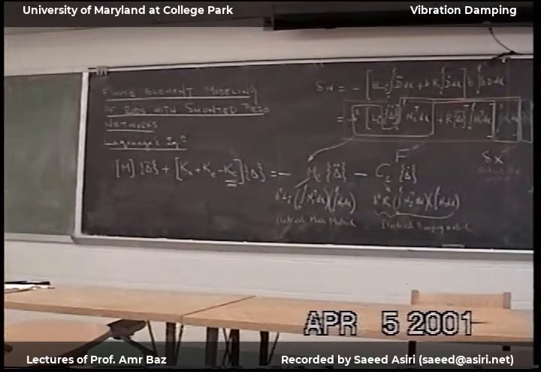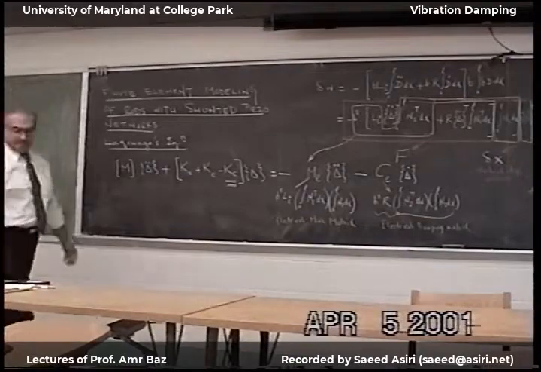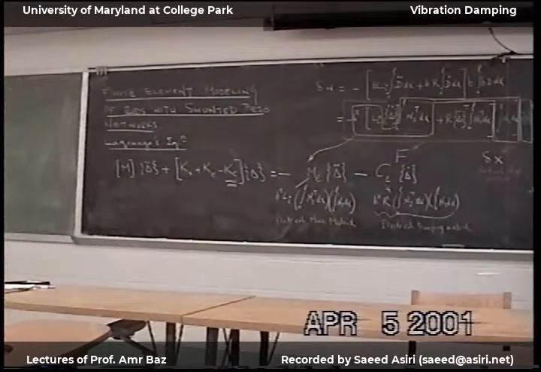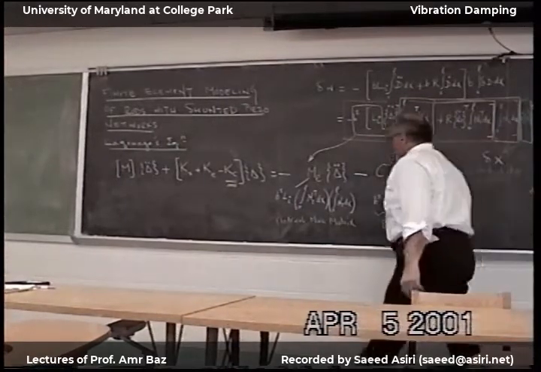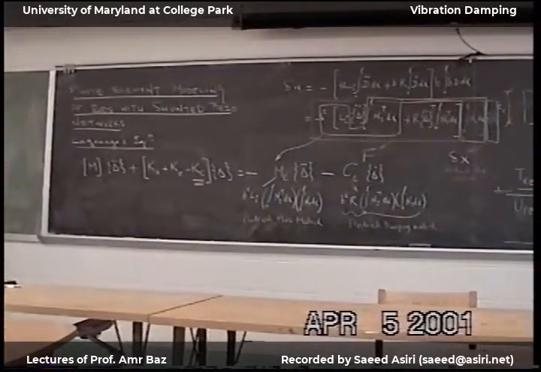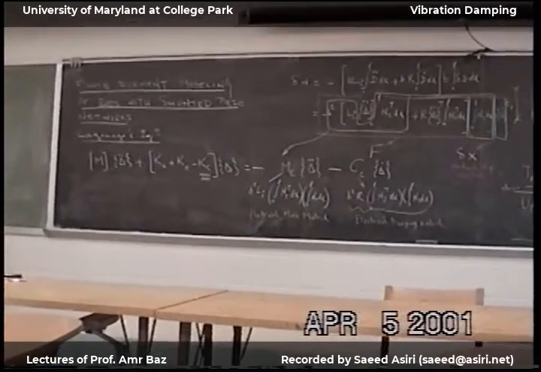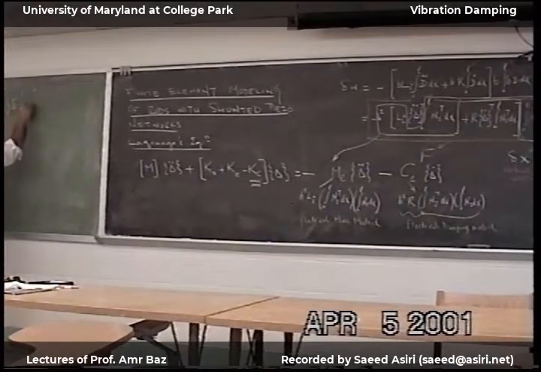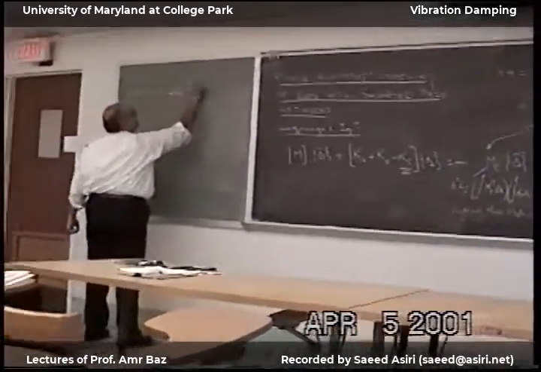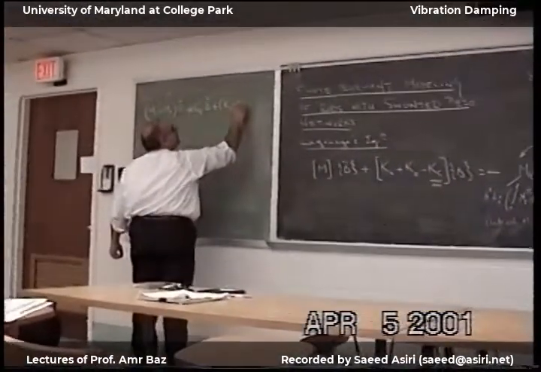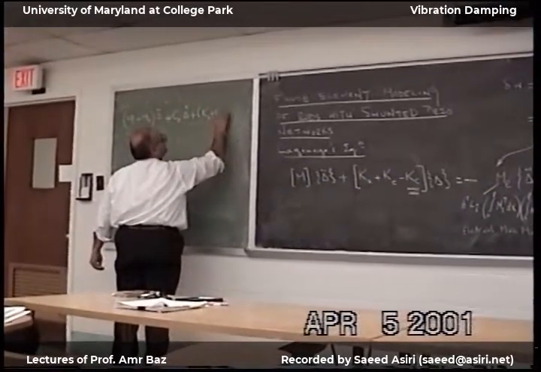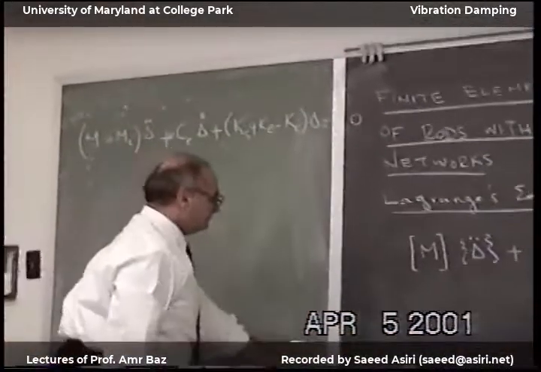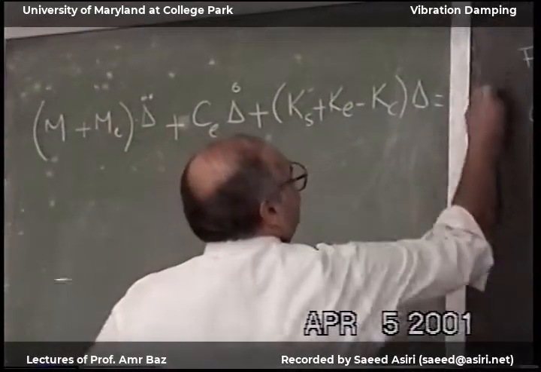Now, all these matrices, please distribute, Mario. Just write down this M here, plus M electric, delta dot, plus C electric, delta dot, plus A electric, equal to 0 or equal to any external force vector.